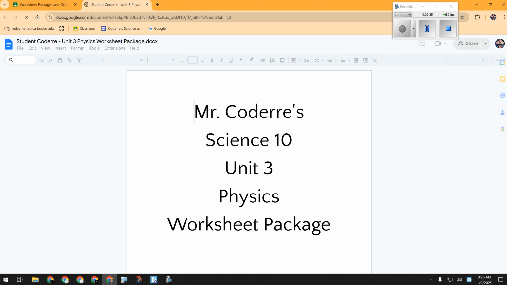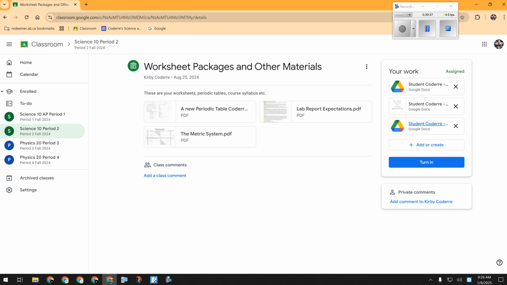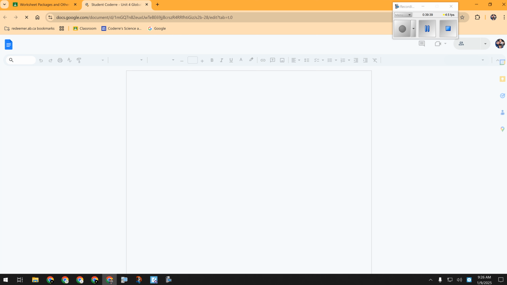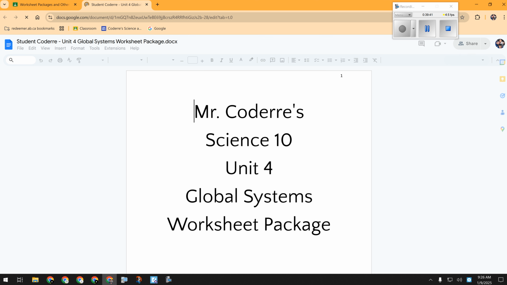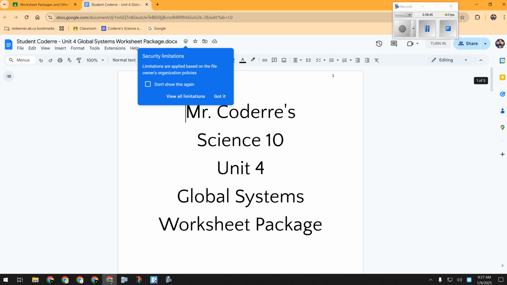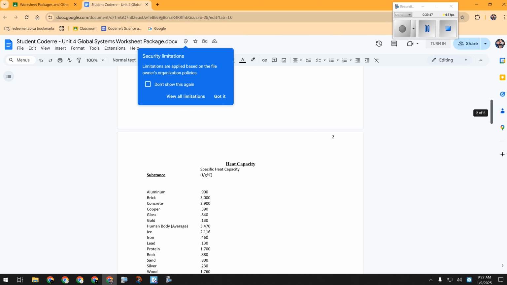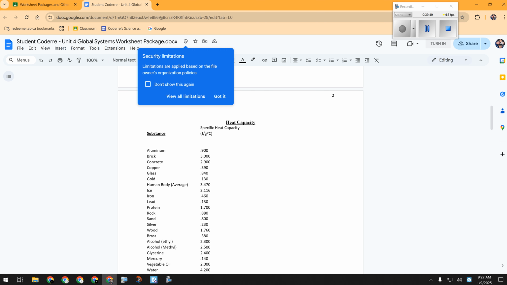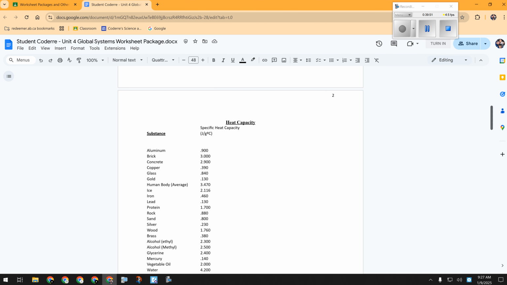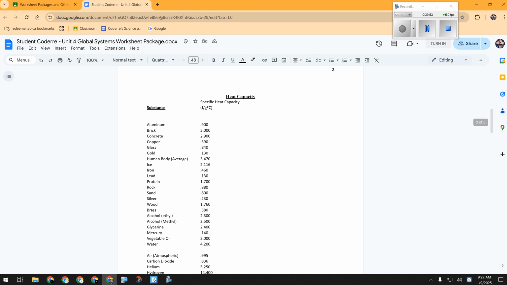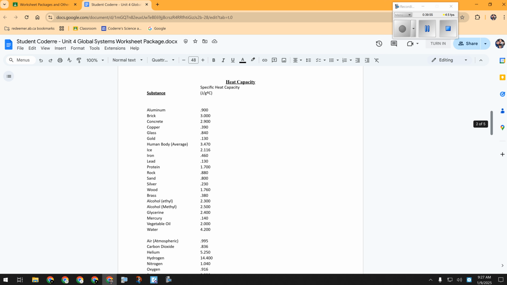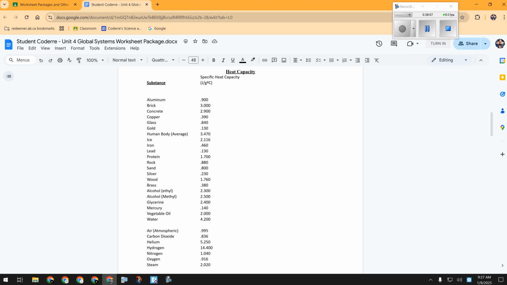I had a 50-50 chance. Of course I didn't pick the right one. Okay, so I believe on the first page of this workbook, guys, that's your list of specific heat capacities. If you have that available or printed or whatever, that's it. So let's solve this problem and then we'll refer back to this to see what we're dealing with.